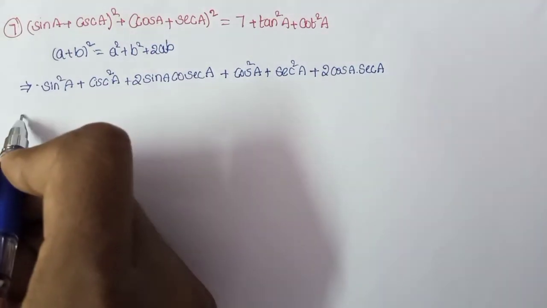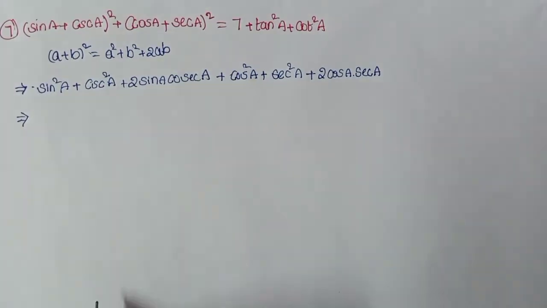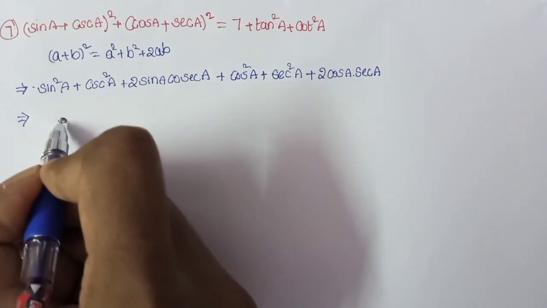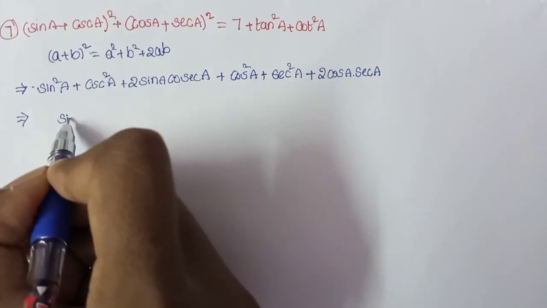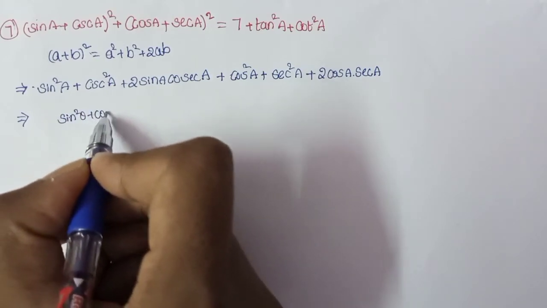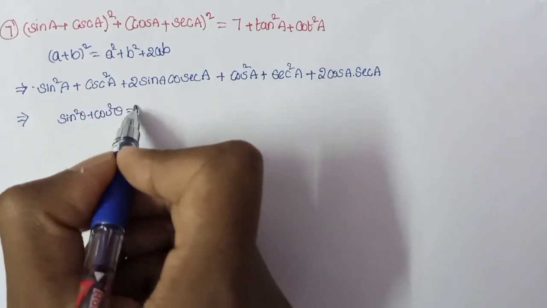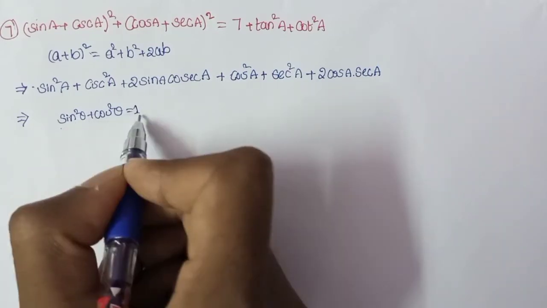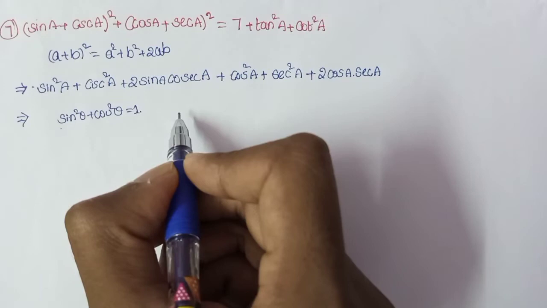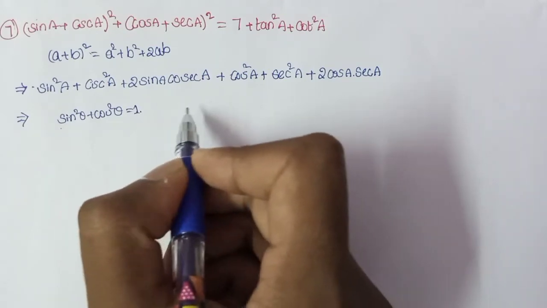Here let us memorize some relations. Like in the previous topic, we know sin square theta plus cos square theta is equal to 1, and we know one more thing, that is the reciprocal relationship of trigonometric ratios. What are they?